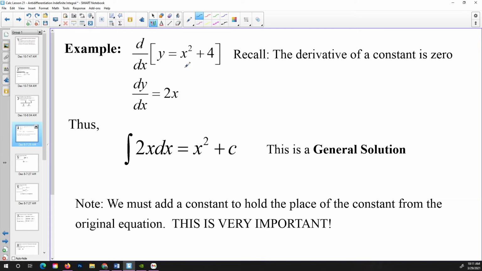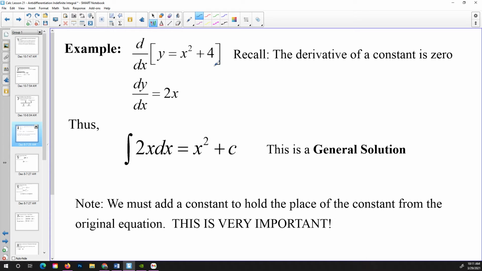So we bring down the 2 and reduce the exponent by 1, and our derivative is 2x. But if I didn't know this to begin with, when I go to do the integral of 2x, I should get the original result: x squared plus some constant c.